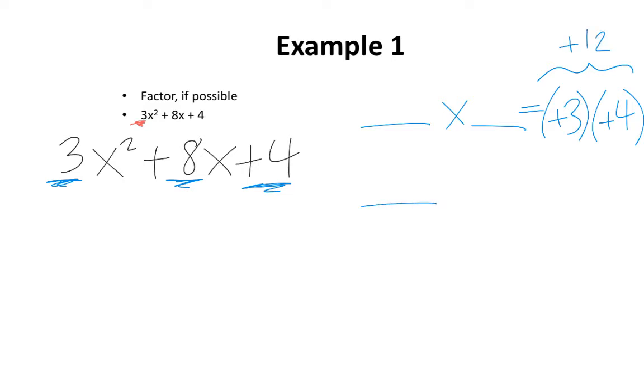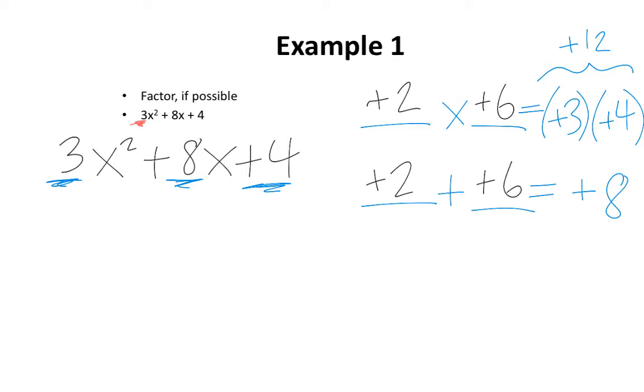We also want to think of two numbers that when added together will give me positive 8. Where did I get these numbers from? I got these numbers from the coefficients as well as the constant. At this point, you'll need to use your times tables as well as some guess and check. And the two numbers that multiply to give me positive 12 are positive 2 and positive 6. And if you add up those same two numbers, you should get positive 8.